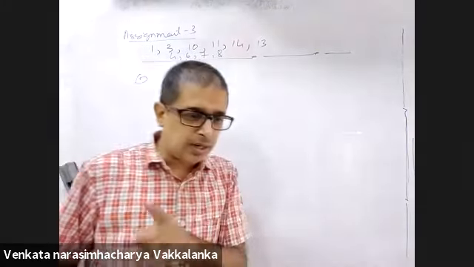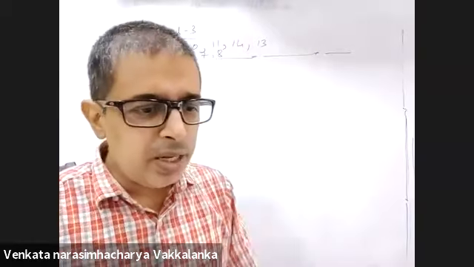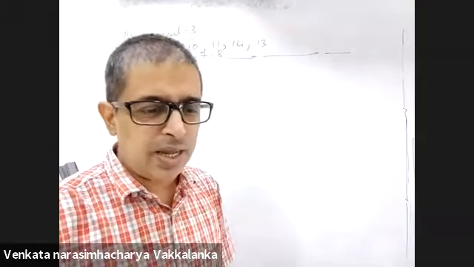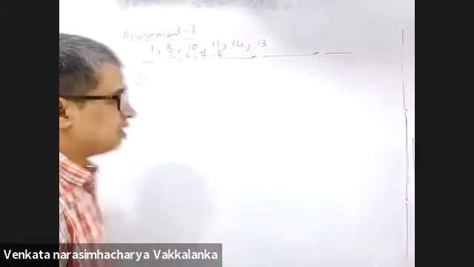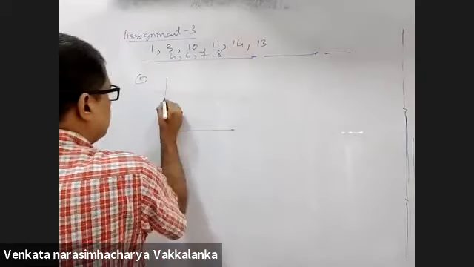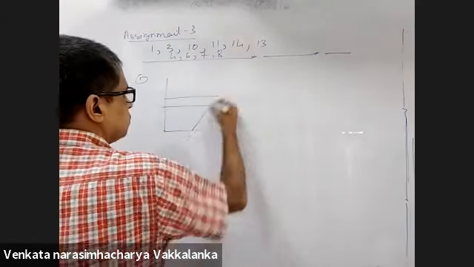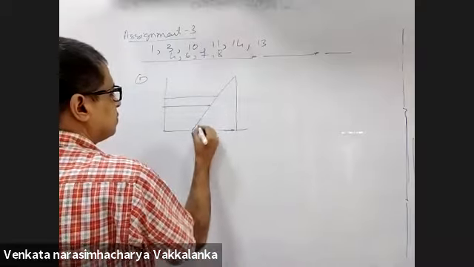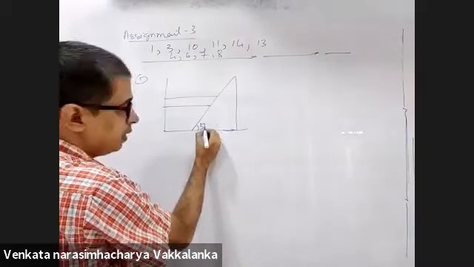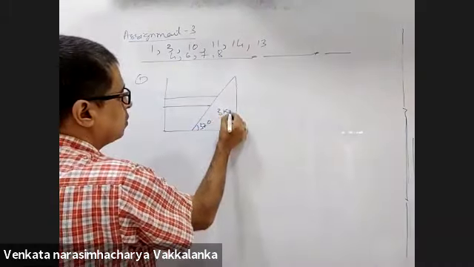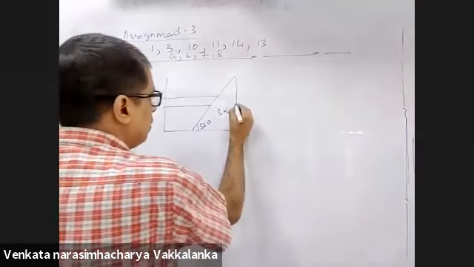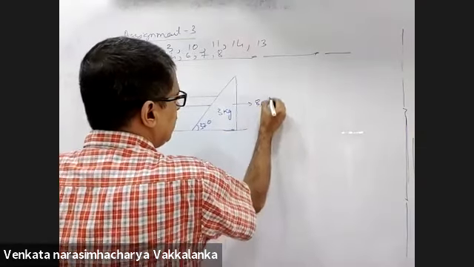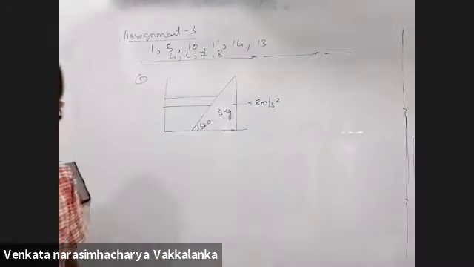The question is also a doubt: B is moving towards the right with an acceleration of 8, find the mass of A. Now see. This 3 kg block is moving with 8 meter per second square.